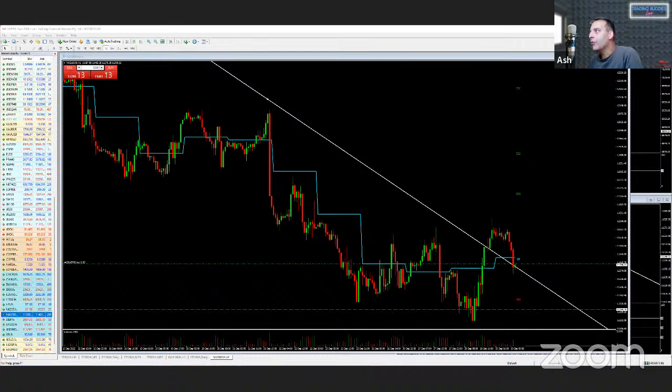That's really looking off the back of all the other stuff that we just talked about. The bar, the volume, the trend line, the possible catalyst.